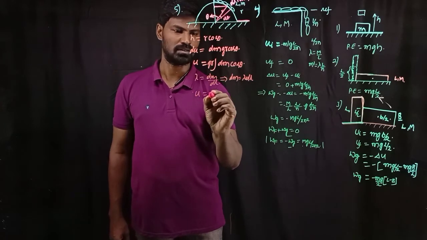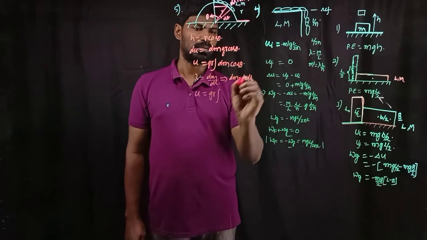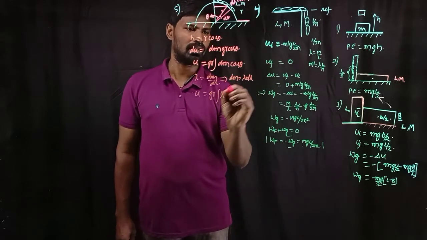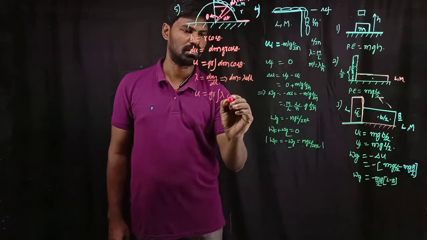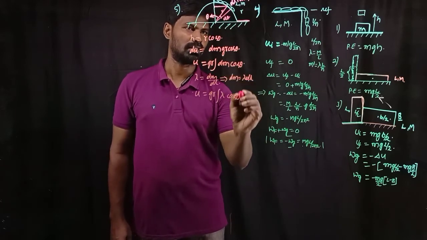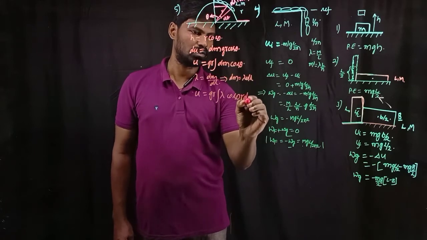So the potential energy is equal to g into r into the summation over, in place of dm, lambda into dl, and dl is nothing but r d theta, because the length of the sector is r d theta, times cos theta.